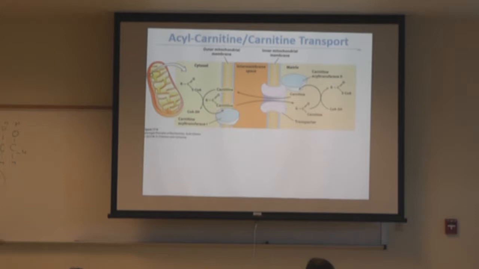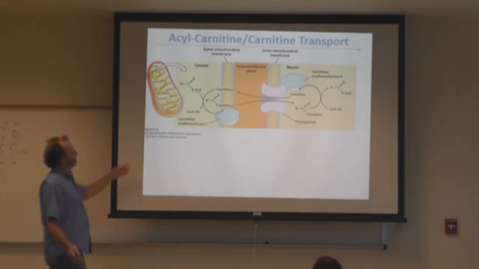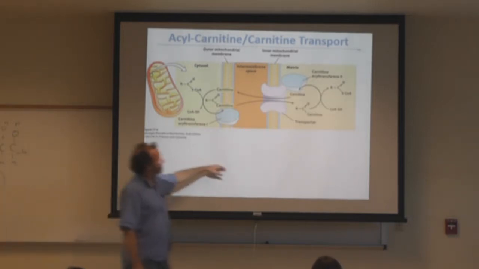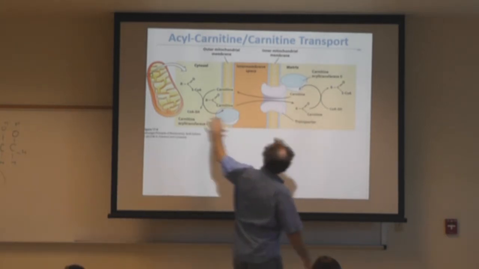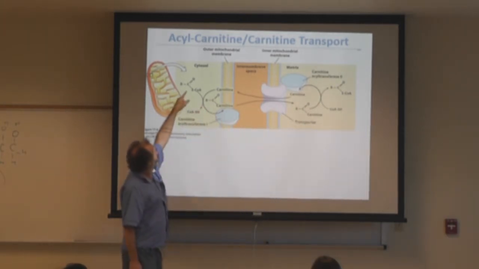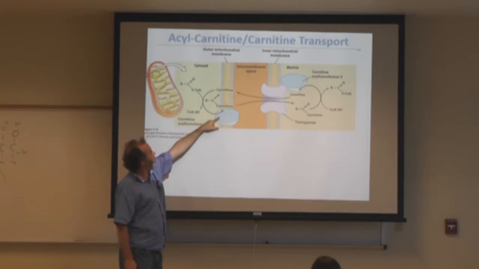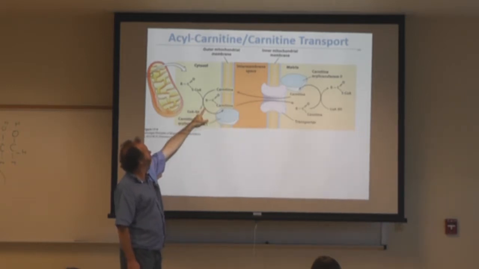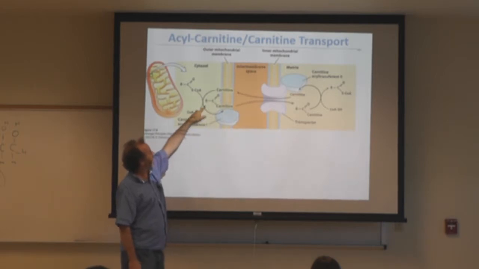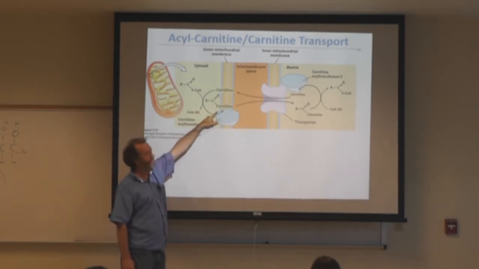Okay, and this is the carnitine transporter. Out here in the cytosol, coenzyme A goes to the carnitine transporter, where we substitute the coenzyme A for carnitine, and you have an acylcarnitine formed at the membrane.